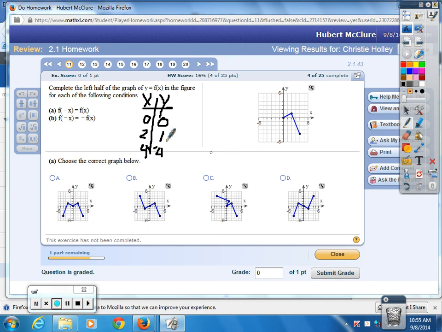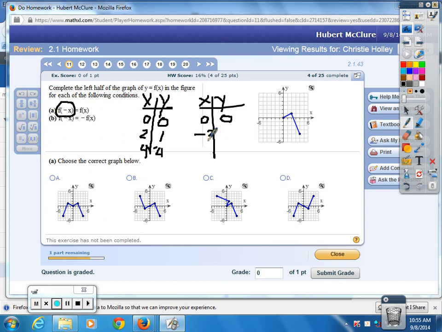Now, what does this mean? What does that mean right there? That means wherever there's an x, what are you going to plug in? A negative. So what does that do to all these guys? So let's look at this. Negative 0, which doesn't exist.